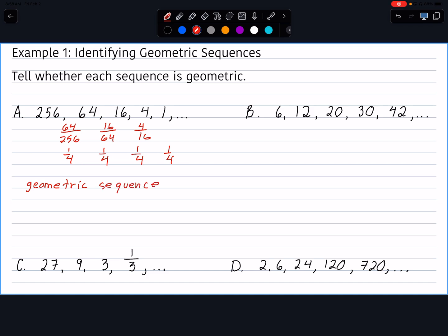And my common ratio, in other words, the number that I'm multiplying to each term to get the following term, is 1/4, right? If I take 256, I multiply it by 1/4, I get 64. If I take 64, multiply by 1/4, I get 16, so on and so forth. So my common ratio in this case is 1/4. Let's look at the next one.